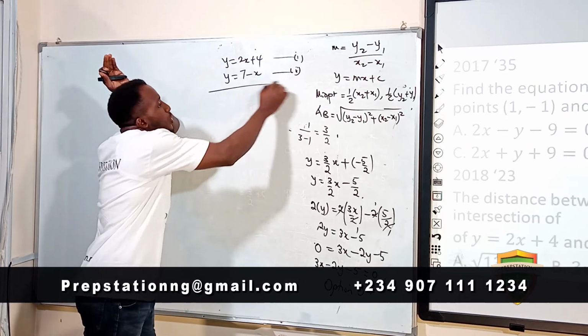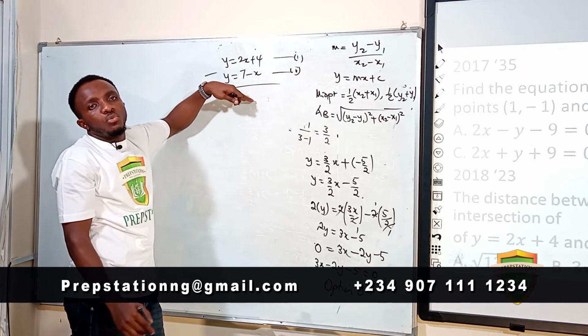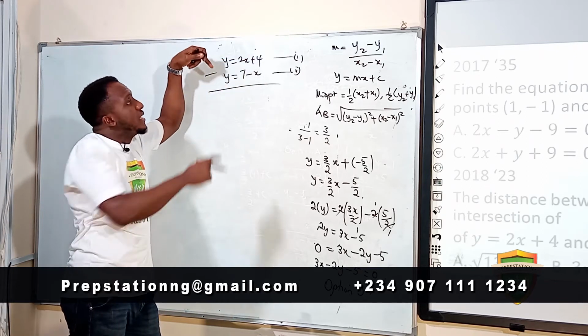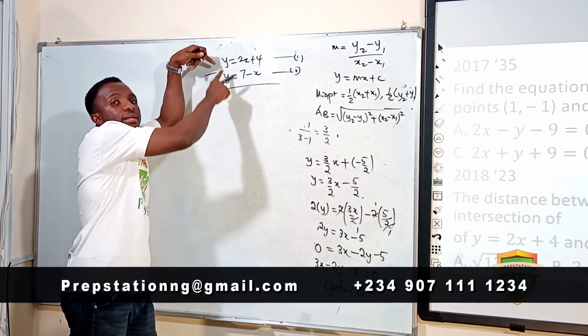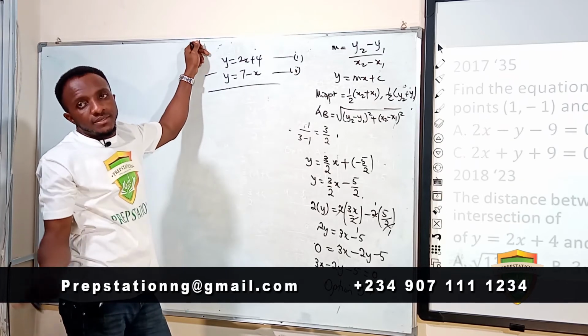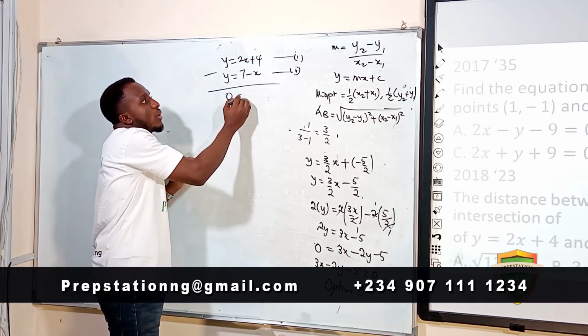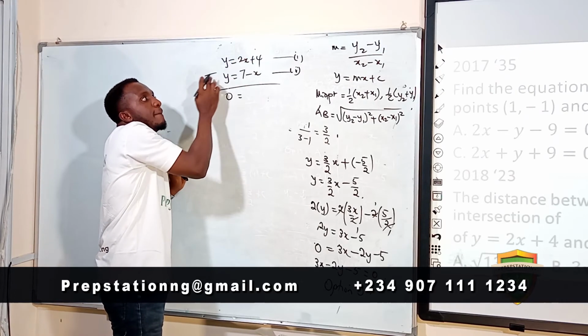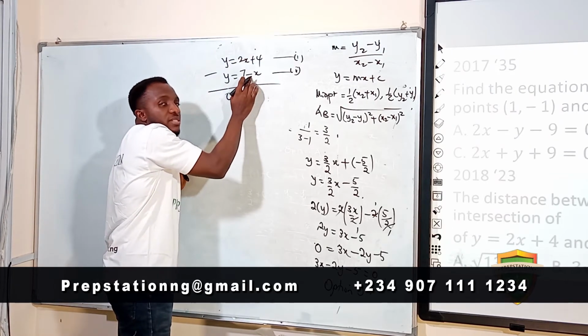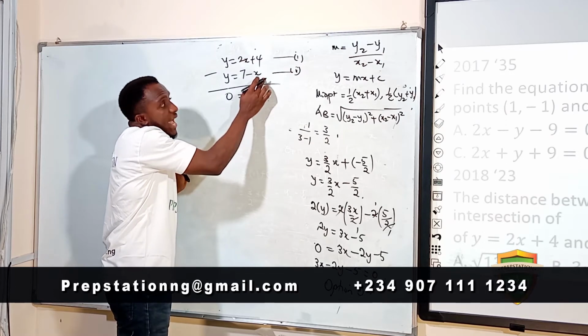There is no miracle here. All you just need to do is to subtract this equation from here. The reason is y here and y here, they have the same coefficient. The coefficient is 1. So if we subtract, this will give us 0 equals, now 2x minus x. If you like, you can rewrite this.